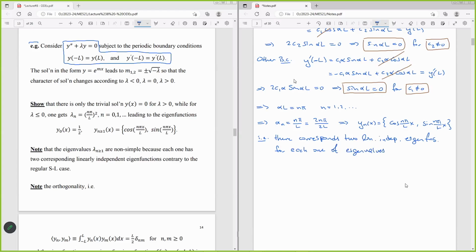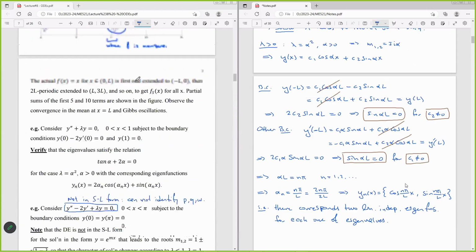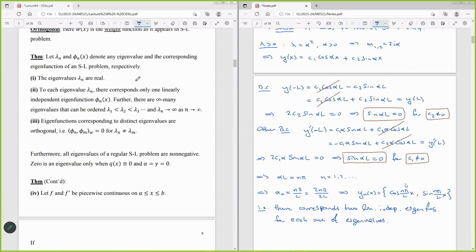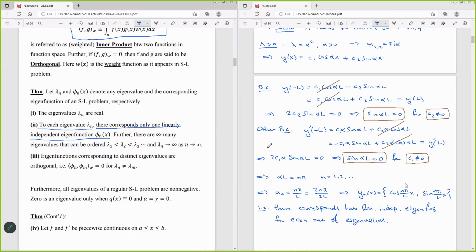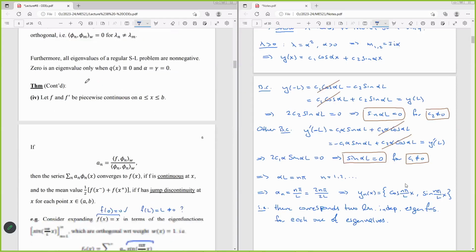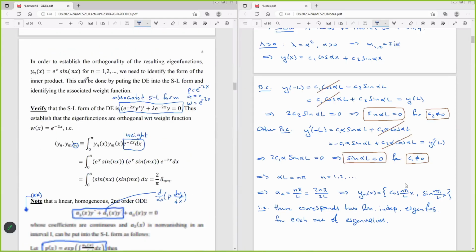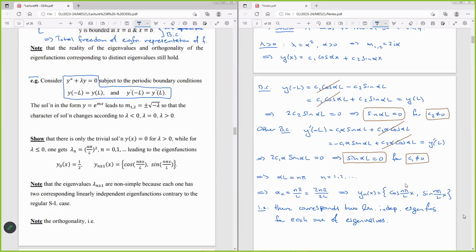All right, which is contrary to the theorem, right? Remember the theorem? Let's go up. What was the theorem telling us here? You see here, there corresponds only one linearly independent eigenfunction to each eigenvalue, right? Remember this theorem? But this was the regular case. Now we don't have a regular case here. So that's why not all the results of this theorem are applicable, okay? So just be aware of that. So this is actually called a degenerate case, okay?